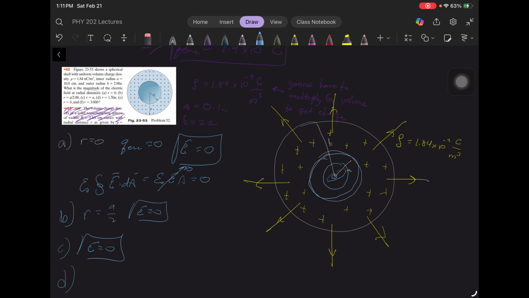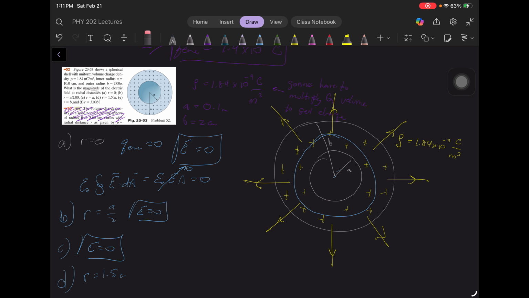So at D, we have r is equal to 1.5A. And so our Gaussian surface is going to be somewhere out here. Maybe clean some of this up a little bit. You're gone, you're gone, you're gone.